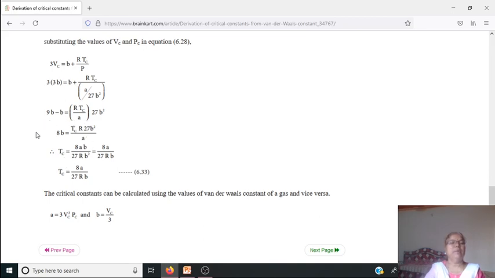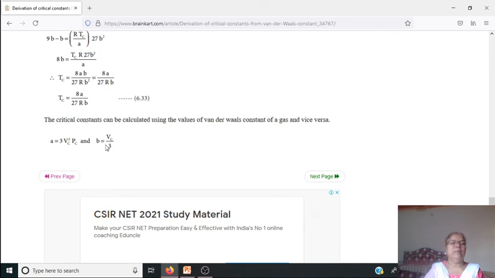Therefore, from this equation we can write the equation for Tc as Tc is equal to 8AB upon 27 RB square, and we have in the numerator and denominator the common term B. Therefore, we cancel one B from here and we get 8A upon 27 RB. Therefore, we have the value of Tc as 8A upon 27 RB.